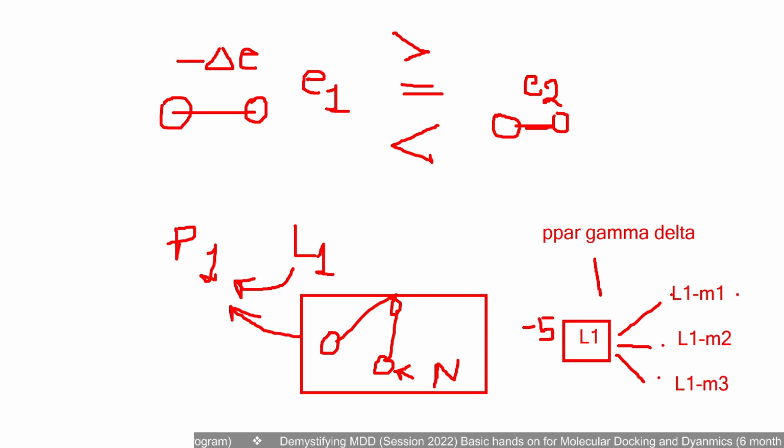We made multiple, 8 to 10, modifications, but in the docking results a few molecules were giving lower energy. Let us take an example: this molecule was giving lower energy than this L1, but these were giving better energy than this one.